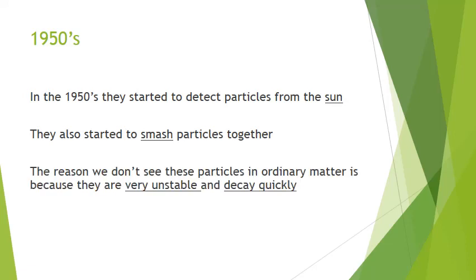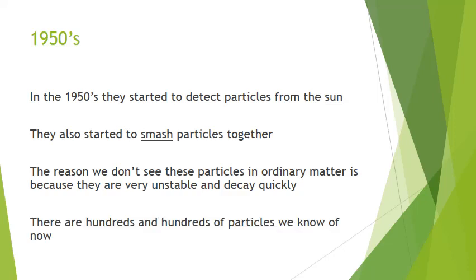The reason we don't see these particles in ordinary matter is that they're very unstable and they decay quickly. And so it's very hard to not only detect them, but also to study them.